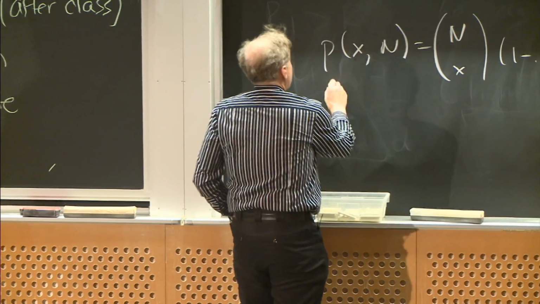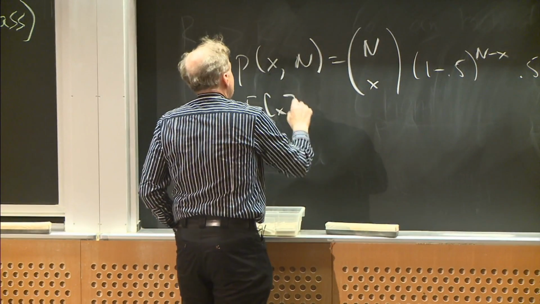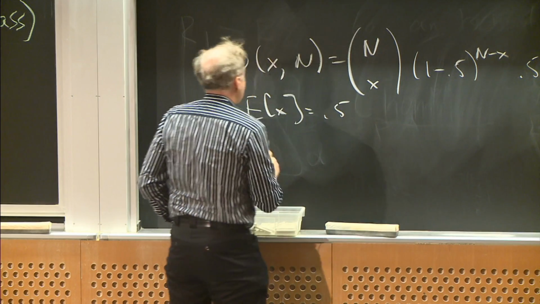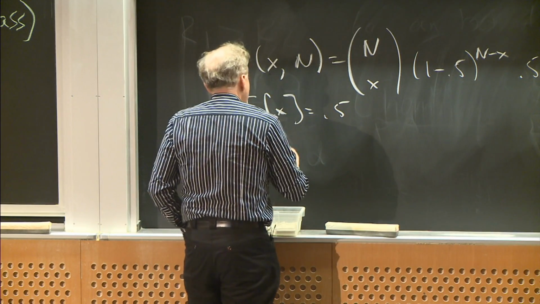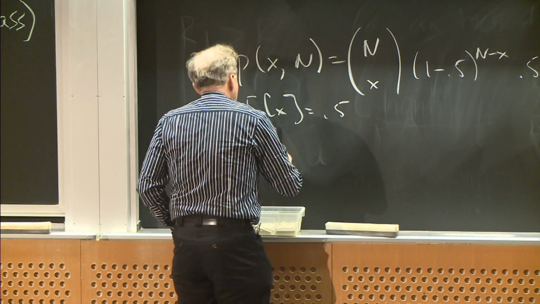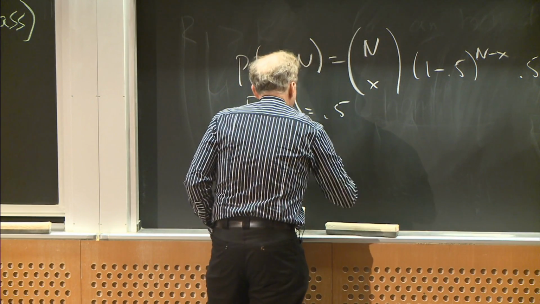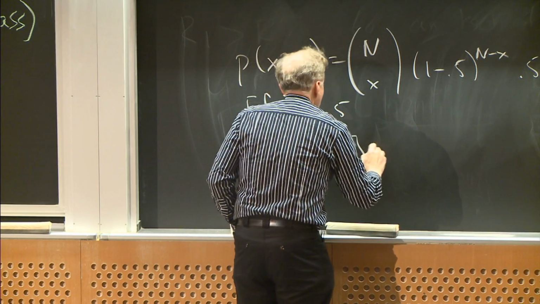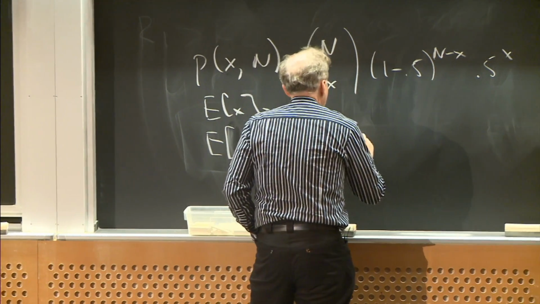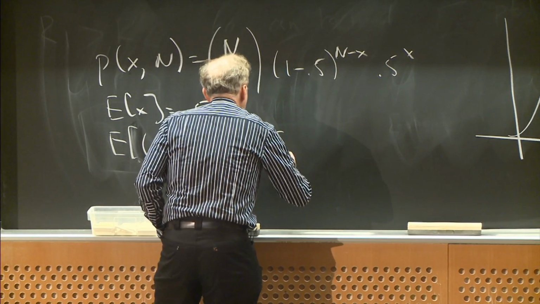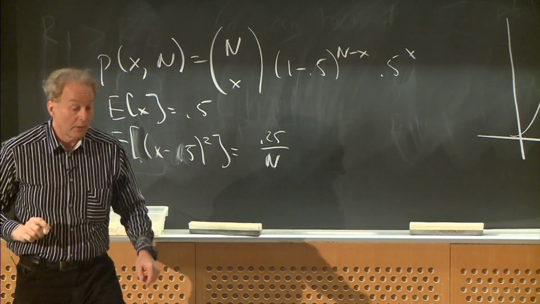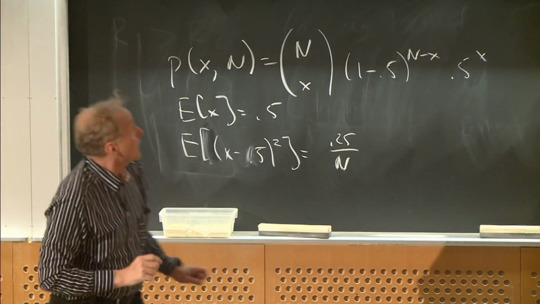So the expected value of x is 0.5. And it turns out that the variance of x minus 0.5, which is the mean squared, is going to be 0.25 over n. And so I can show you this on the next slide.